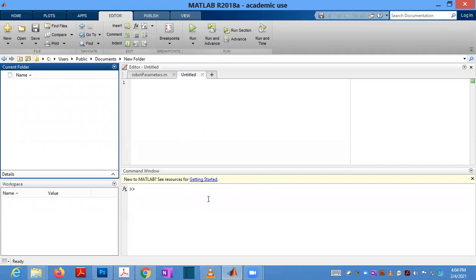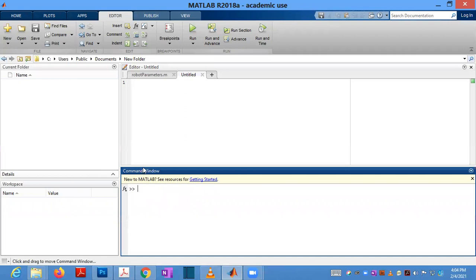And this is the command window. Whatever you enter in the command window is shown directly there. If you enter 5 as input, it shows 5. It is saved in the workspace.